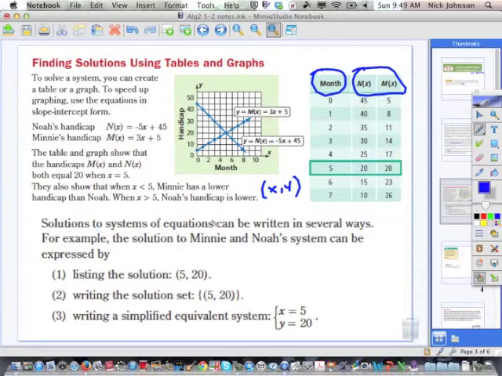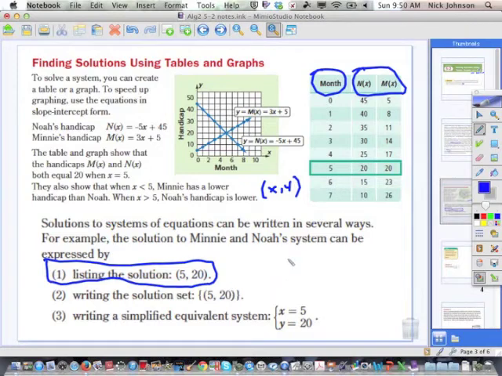There are 3 different ways to write your solution to this problem. I normally use the first one. I list the solution just as a coordinate point, (5, 20). You can write the solution set, okay? So you can make a set and put your coordinate points in there.